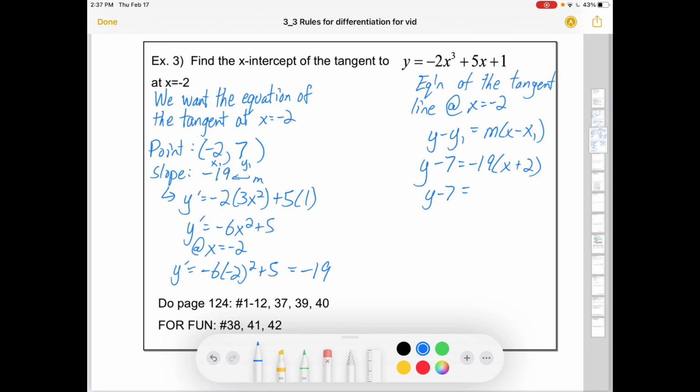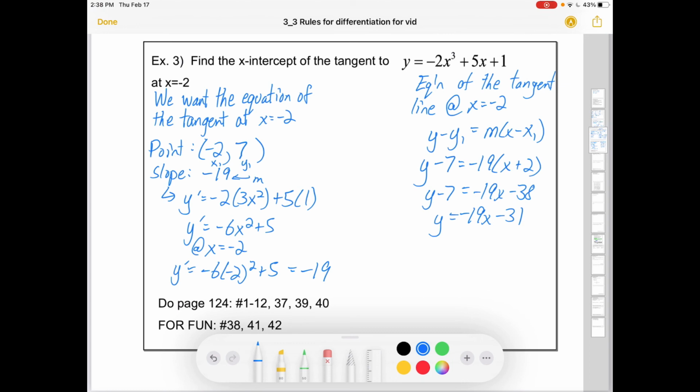And you can convert forms or not. It's really up to you. I like to see my lines in y equals form. And I get this. And this all seems wildly abstract to this point.